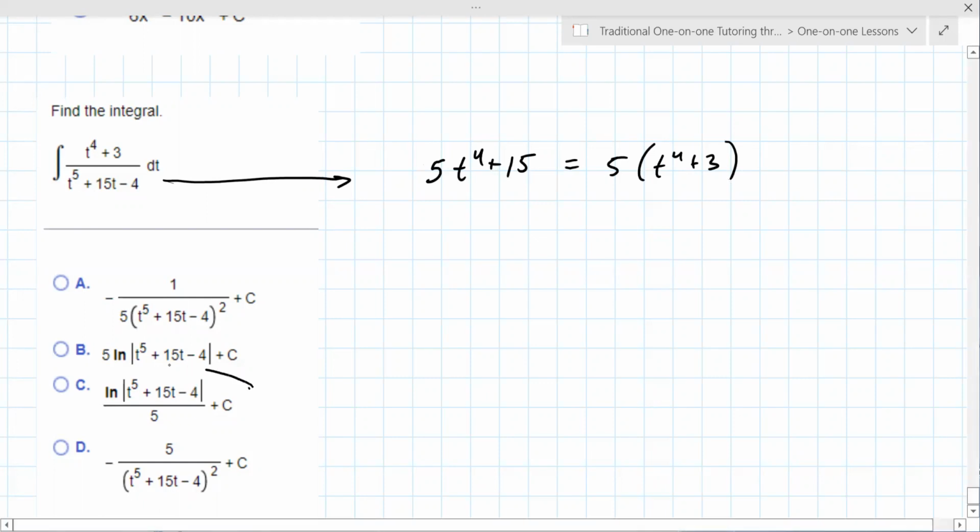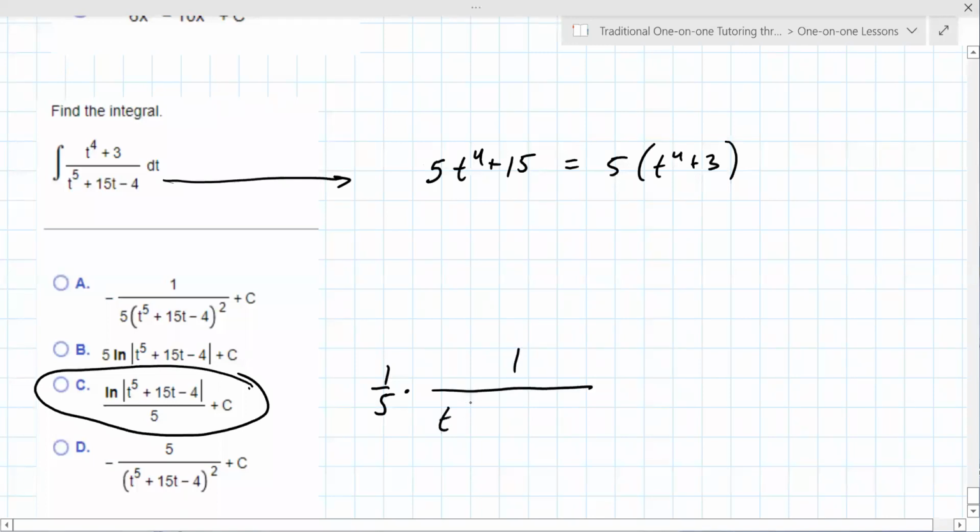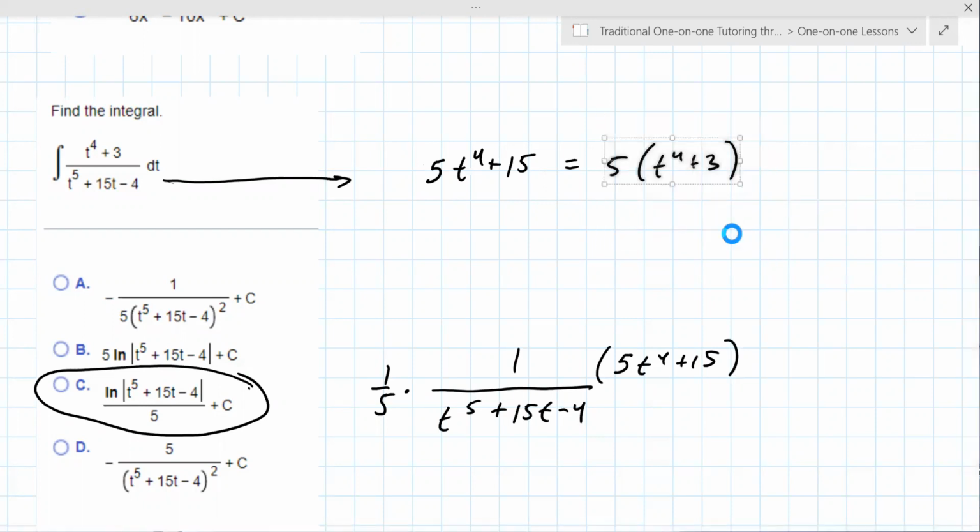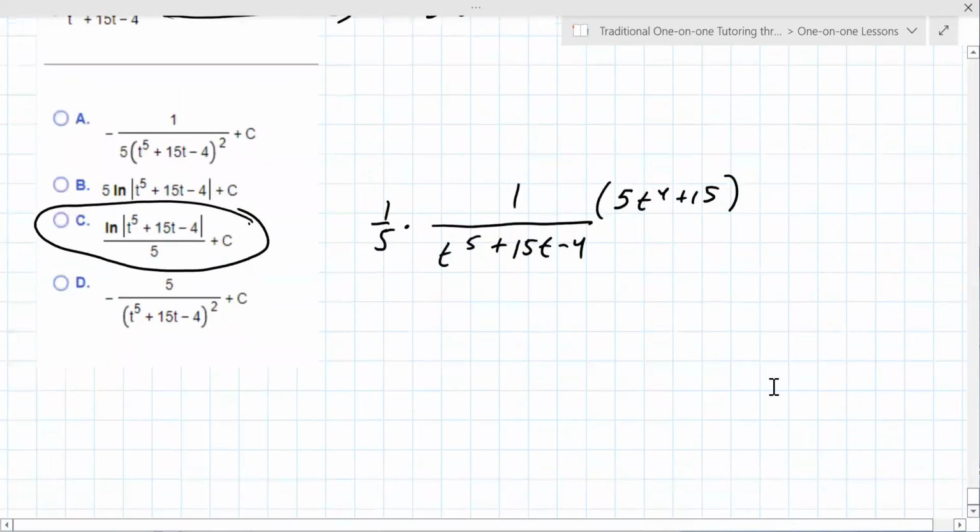So again, we'll do it this way, where this is the answer, and let's take the derivative of this. It's 1/5 times the derivative of natural log, which is 1 over whatever's inside, but then you multiply by the derivative of the inside, which is 5t to the fourth plus 15. And we already said that 5t to the fourth plus 15 is really 5 times t to the fourth plus 3.